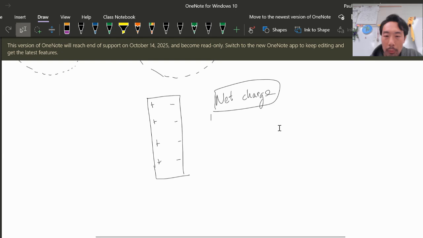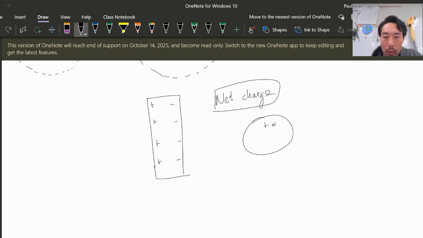For example, let's say we have a system, and in the system we have 1, 2, 3, 4, 5 positive charges and 1, 2, 3 negative charges. In a case like this, it's a little bit more cumbersome to constantly draw all those 5 positive charges and those 3 negative charges.